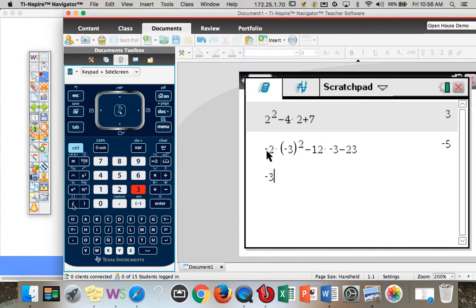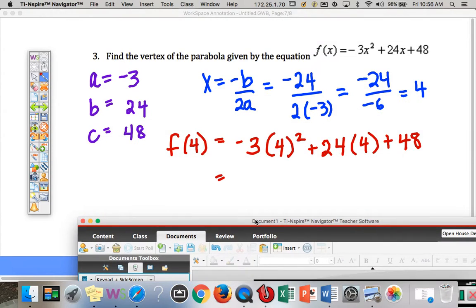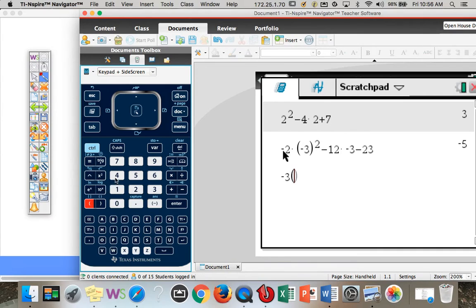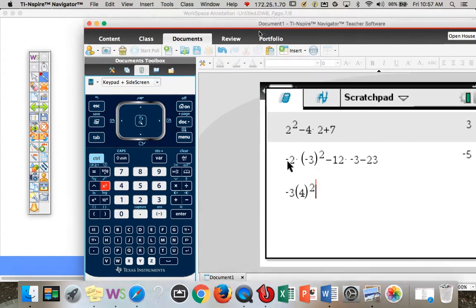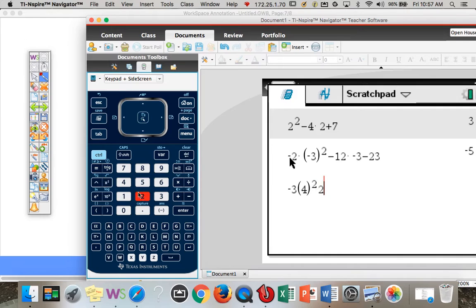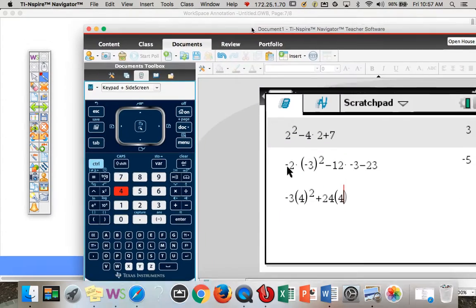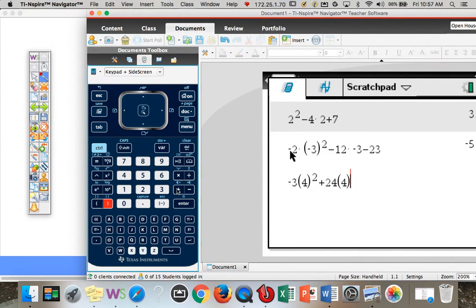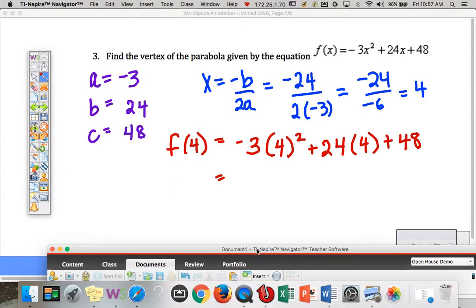So -3 parentheses 4 squared plus 24 times 4 plus 48. All right, so we'll get 96.